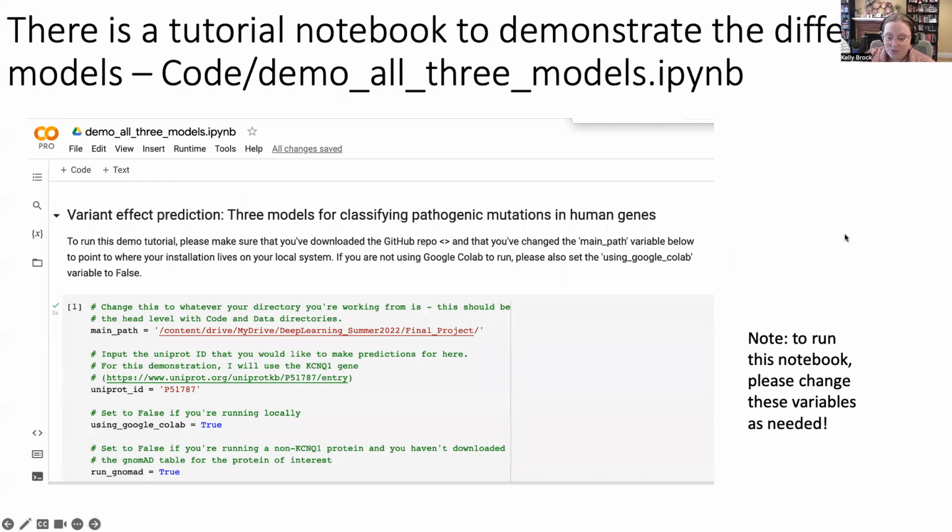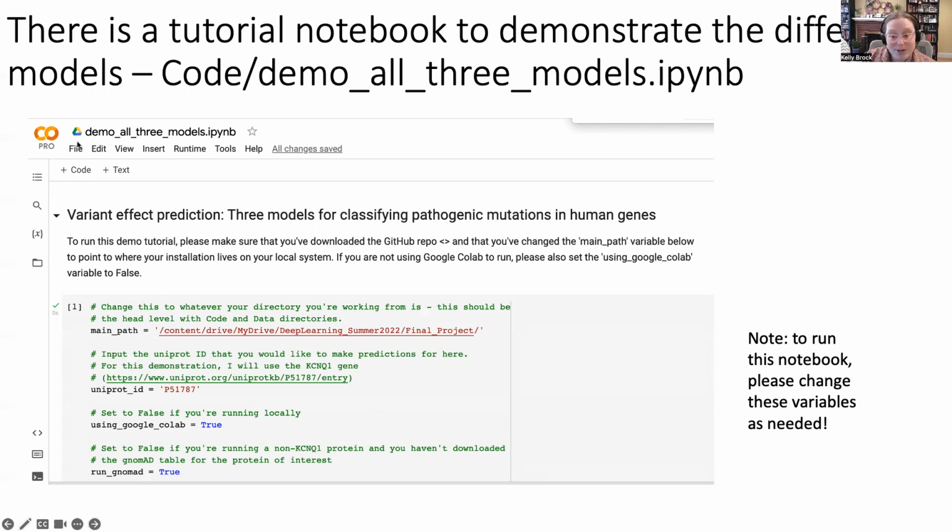If you want to run this notebook yourself, in the very first cell of this Jupyter notebook, there are a couple of variables you'll want to look at, and you'll definitely want to change the first one. This points to the directory you've downloaded the GitHub repo to. So make sure you change this to point to wherever your local installation is.